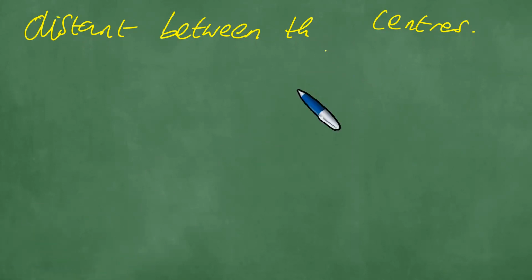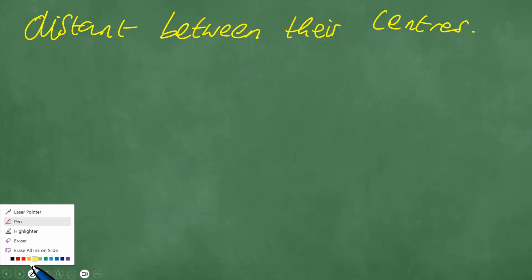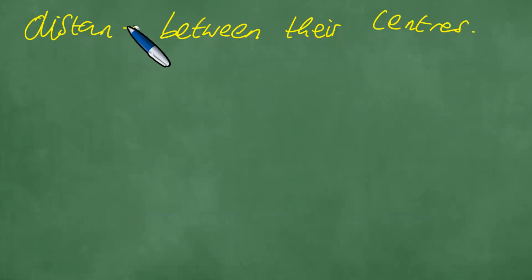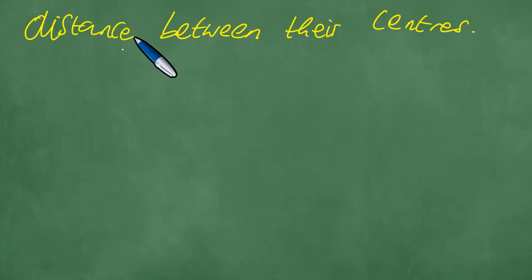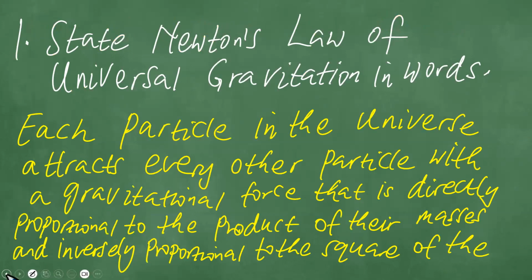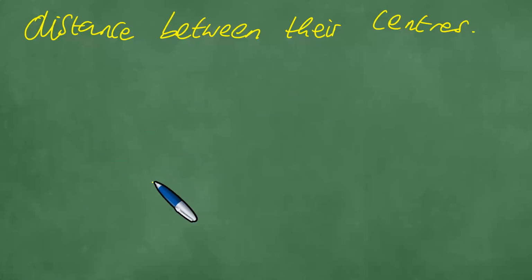This is distance, not just distant, but distance. So each particle in the universe attracts every other particle with a gravitational force that is directly proportional to the product of their masses and inversely proportional to the square of the distance between their centers.